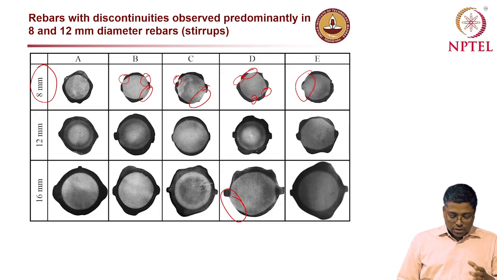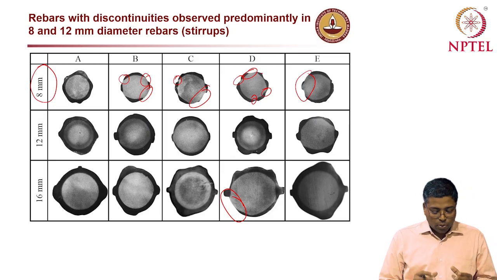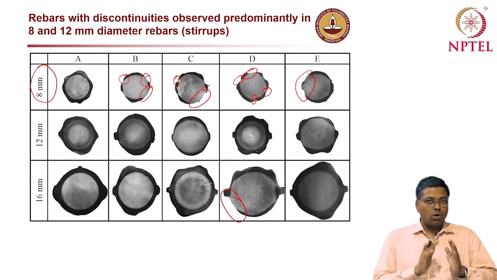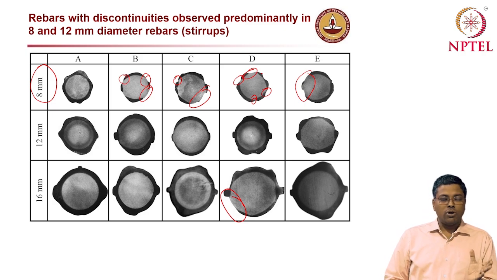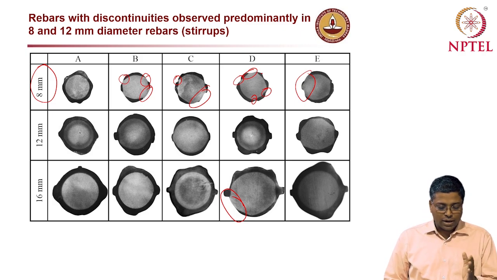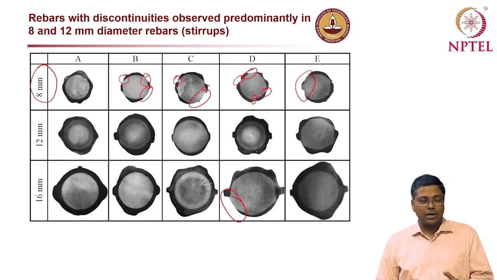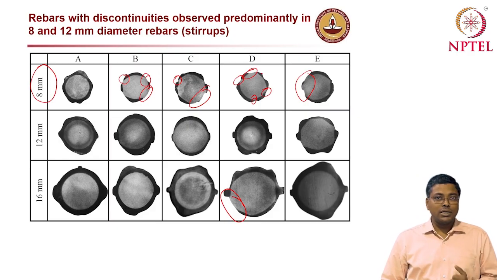Why I showed this slide is to make sure that the test is done on all the different diameters of rebars, because you cannot just grade or rate the product based on a TM ring test on a larger diameter rebar.